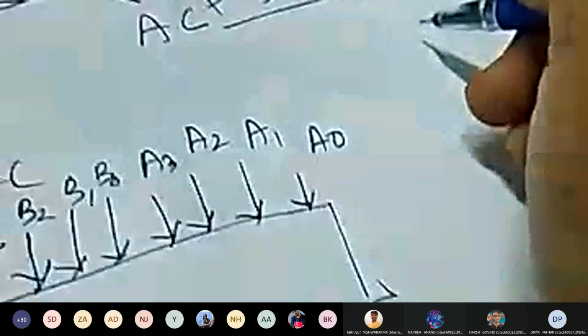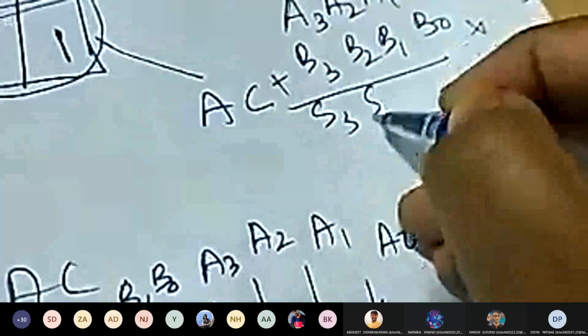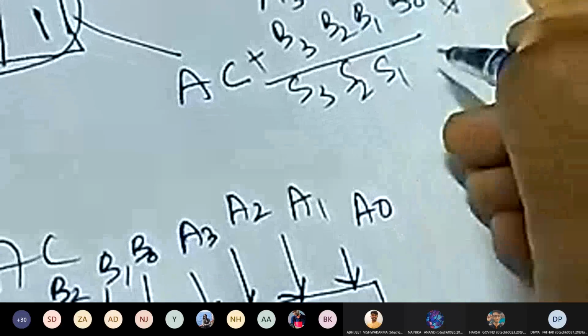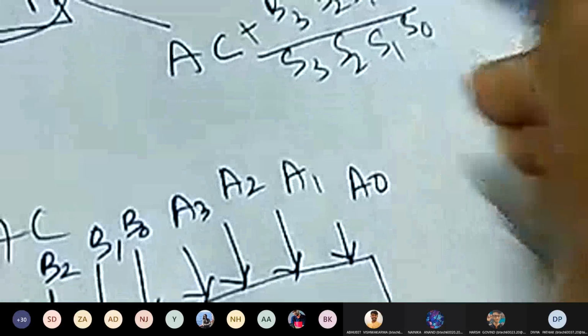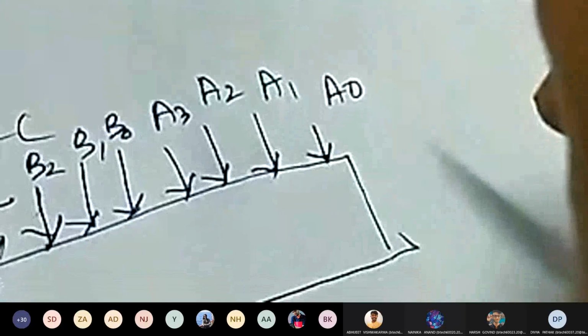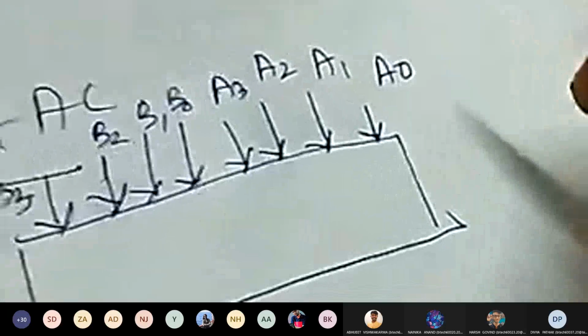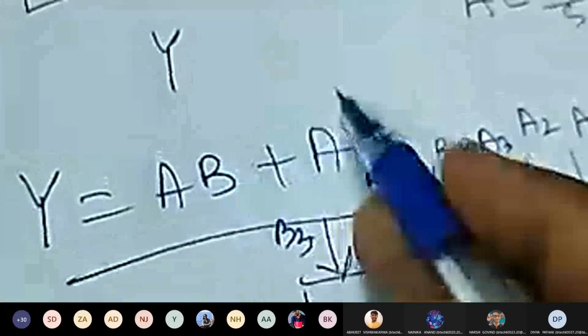If you add, you will get a value, that is for this sum S3, for this sum S2, for this sum S1 and for this sum S0. So this A, B, C, D: A you can write as S3, B as S2, C as S1 and D as S0.